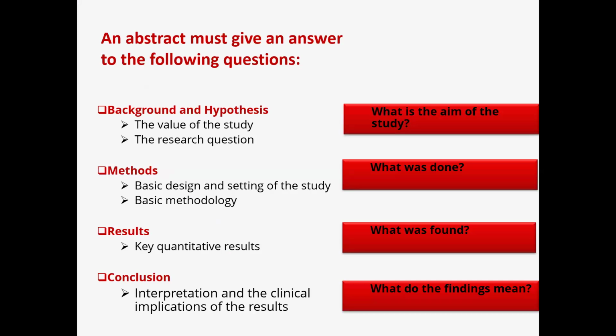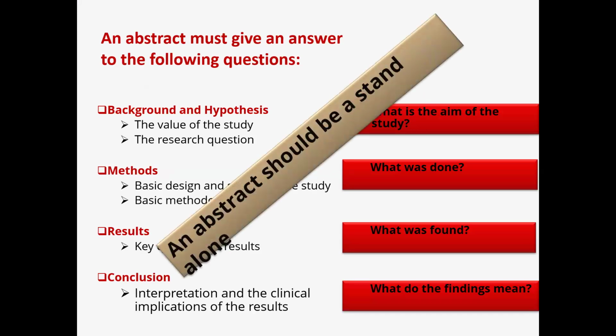In the methodology part, we are writing the basic design and the basic methodology of the study. In the result part, we write the key quantitative result, what was found, but in a very short and very concise way. And in the conclusion part, of course, we are writing what is the conclusion of the research in a concise way.